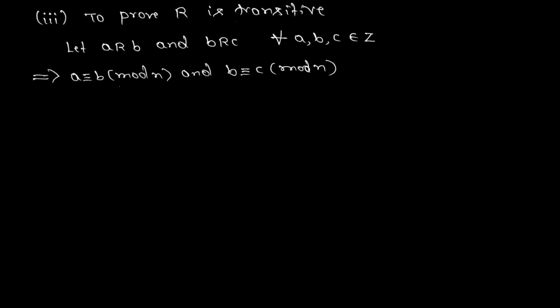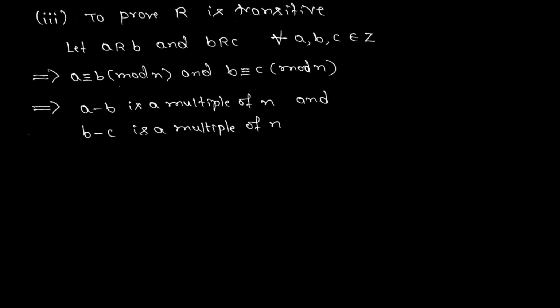Since a is related to b, we can write a is congruent to b under mod n, and since b is related to c, we can write b is congruent to c under mod n. This means that a minus b is a multiple of n, and b minus c is a multiple of n.